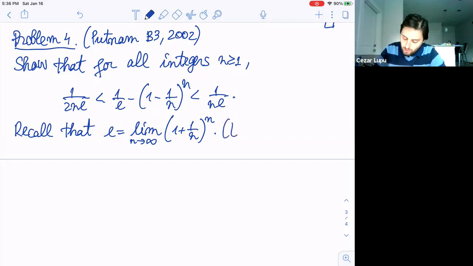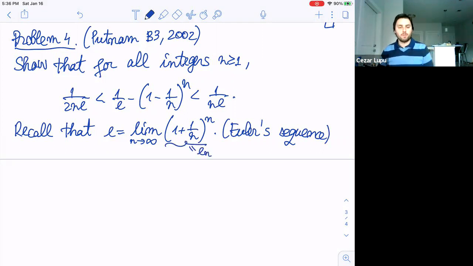This is what we call Euler's sequence. Sometimes we call this e, so this is this sequence here, and it is e_n. I already talked about this when we dealt with sequences of real numbers.